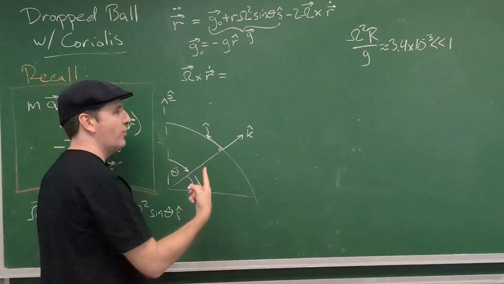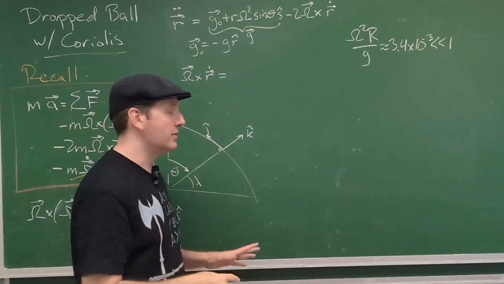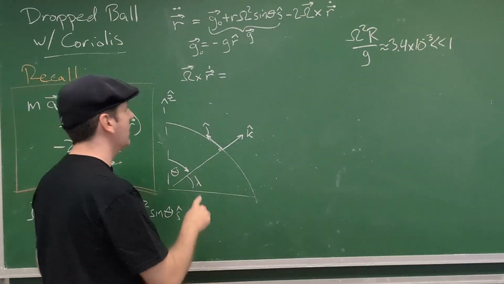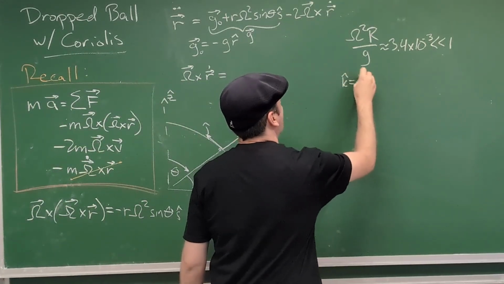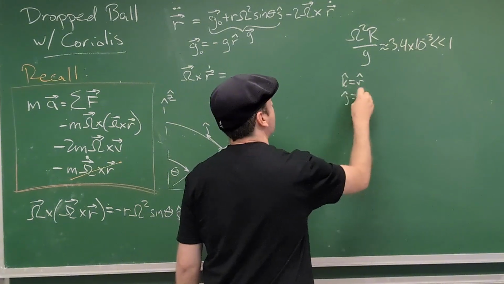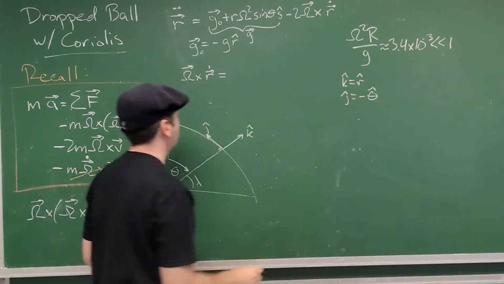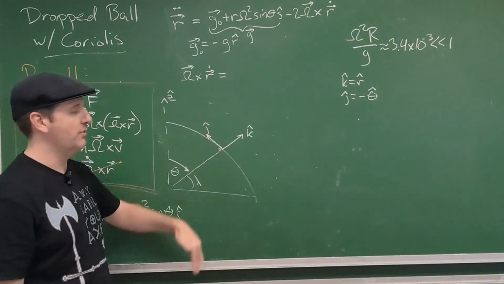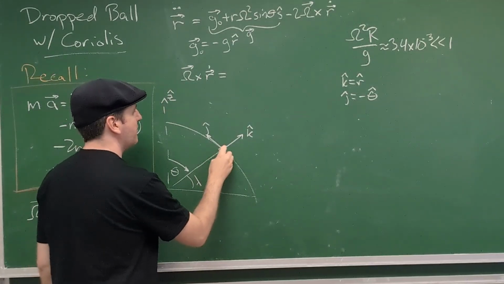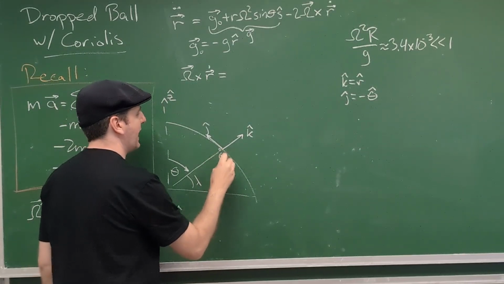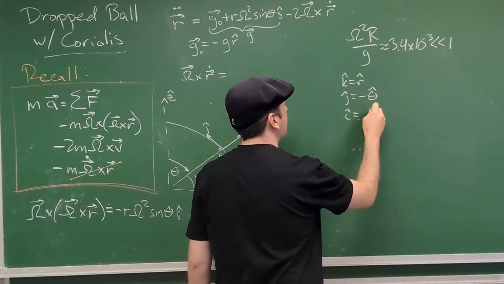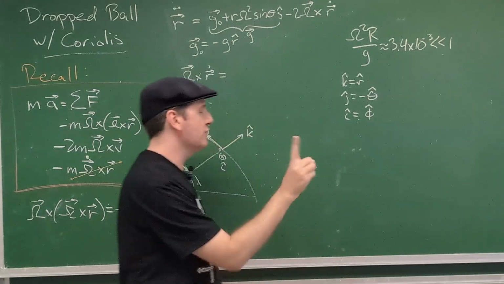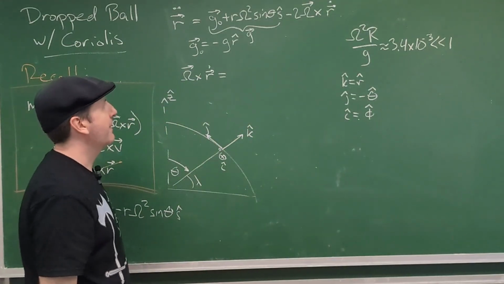If you're standing on Earth, this vector will point towards the North Pole. So k hat is r hat, j hat is negative theta hat, because theta hat points down from the pole. And then into the board here is going to be i hat, which points to the east, and that will be phi hat in the usual azimuthal direction.